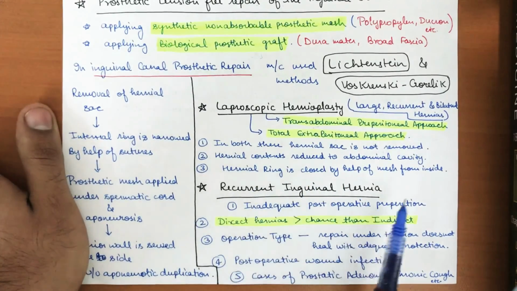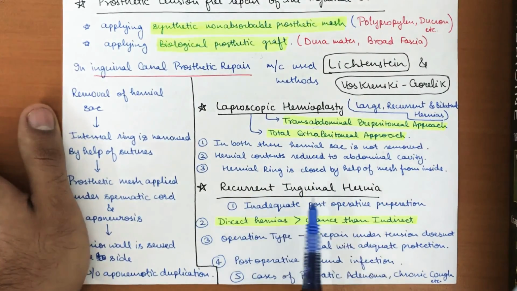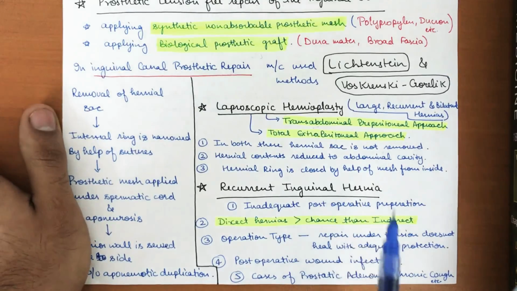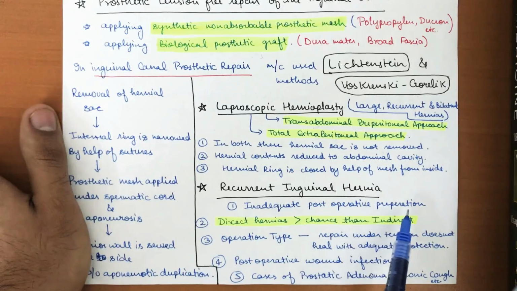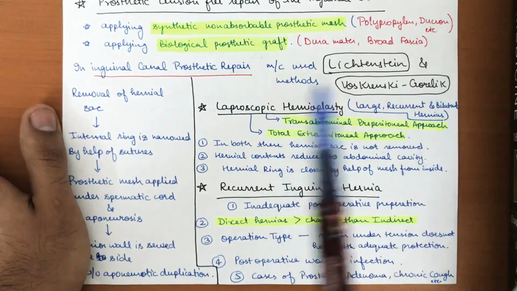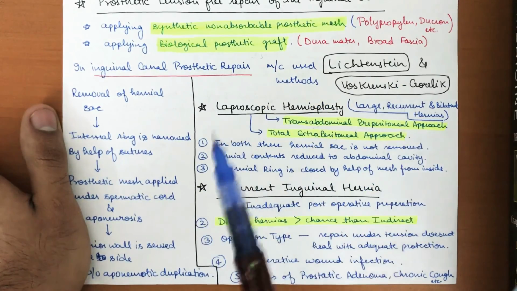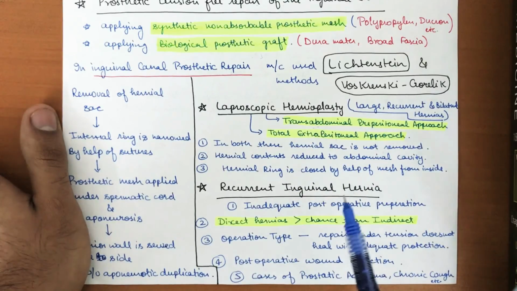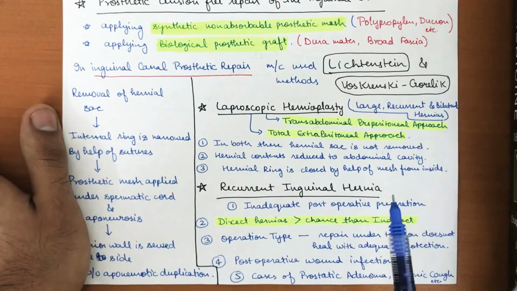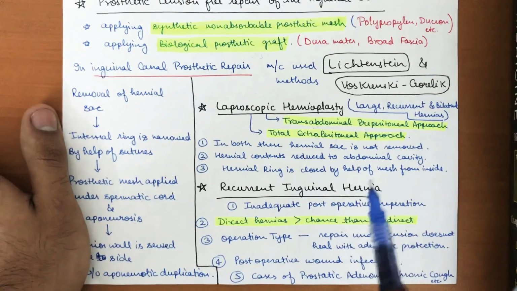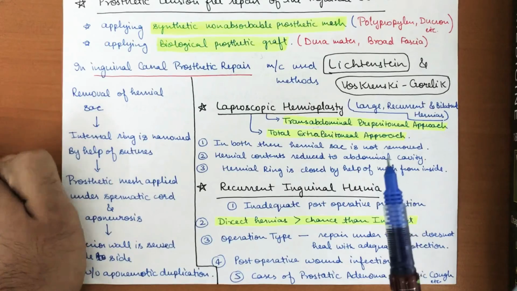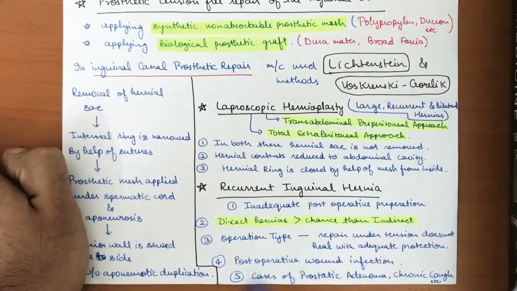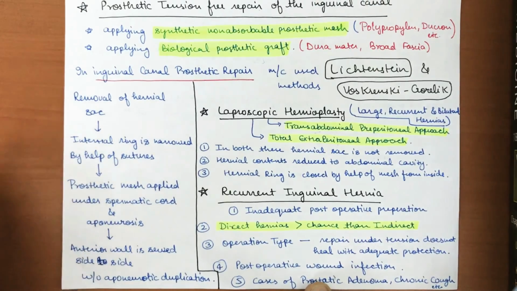Now recurrent inguinal hernia. If it is occurring again and again, what are the main reasons for this? It can be inadequate post-operative preparation. For example, after doing any of the above surgeries, the post-operative preparation is not good. Like for example, the patient does not take care of himself properly, and the doctors are not telling him that he should not do stressful work or something like that.